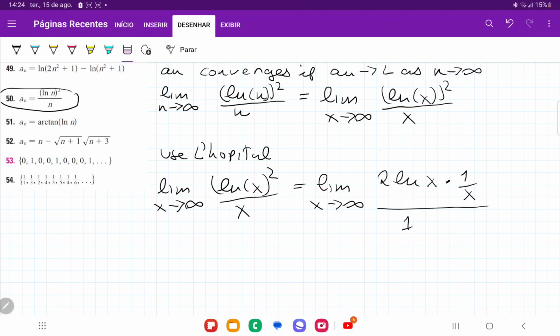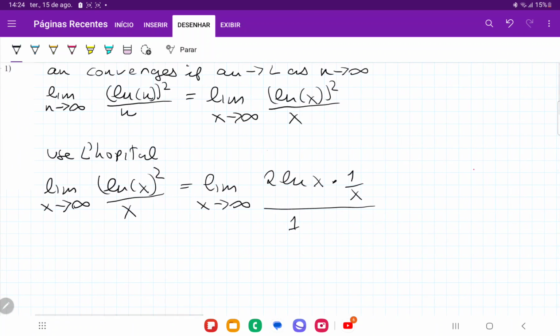If we rearrange this, this is going to be the limit as x approaches infinity of 2 ln x, and this 1 over x goes on the bottom, right? If we evaluate this, this is 2 times ln of infinity over infinity, so still infinity over infinity. We have to use L'Hopital again.